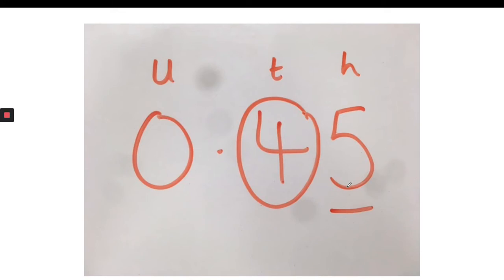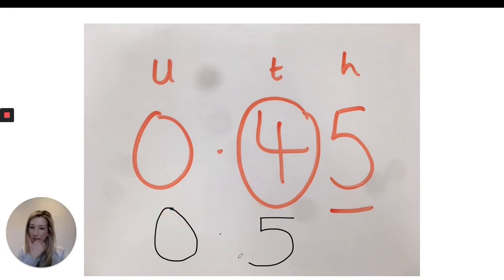Anything above 5 or 5 itself will need to round this digit up, which is the case here. So 4 tenths will then become 5 tenths, and then you'll pop your 0 in as a placeholder. Okay, you could put your 0 in, but it doesn't really change the value of the overall number. So the answer is 0.5.